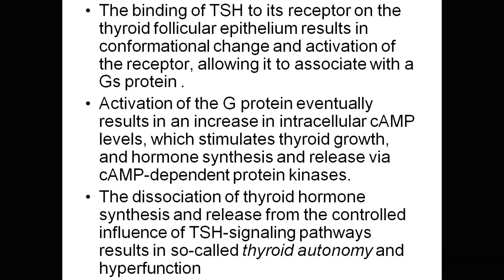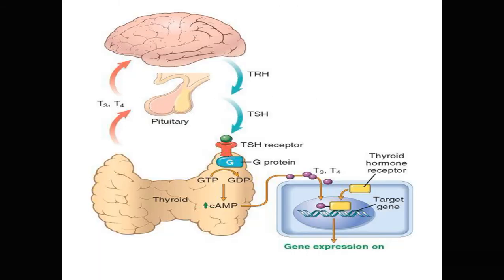So that we discuss the next slide. From the hypothalamus, the thyroid stimulating hormone is released from the pituitary in response to TRH, thyrotropin releasing hormone. Here is the TSH, thyroid stimulating hormone.